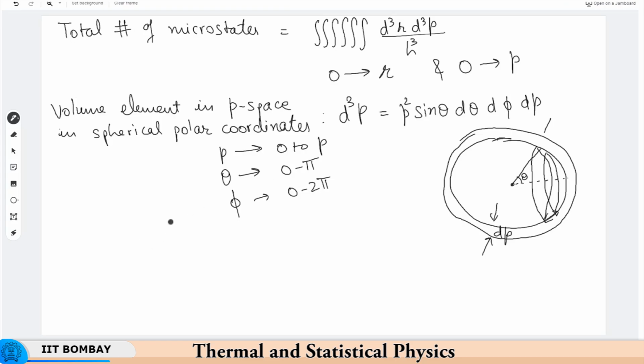Therefore, what will be the total number of microstates, which we can now denote as n of p, right, and that will be 1 divided by h cube. So, this h cube will come out, and there will be a triple integral corresponding to the position space. So, let me write it here.